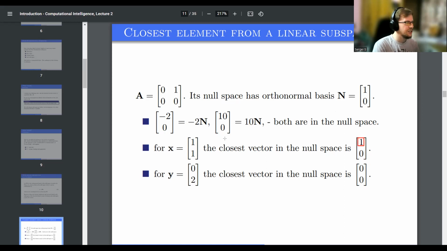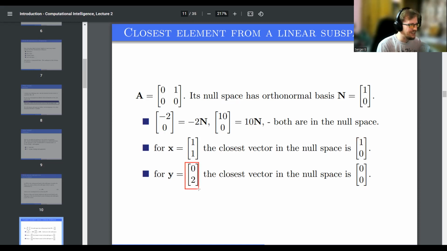Because the distance between them is the square root of (1 minus 1) squared plus (1 minus 0) squared. That is the distance. So if you change this, the square root will increase. If you modify this in any way, you'll go out of the null space. So you cannot modify it. All right. So that is how you can prove that it is the closest element.